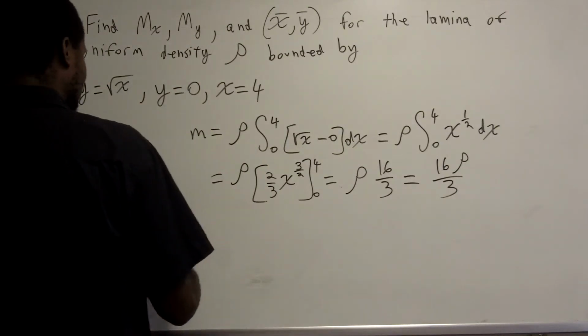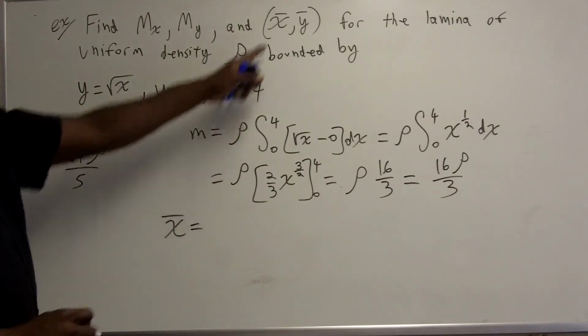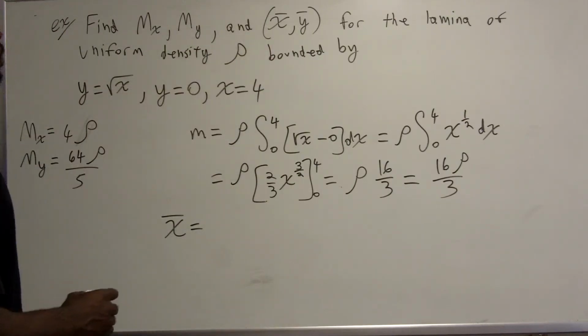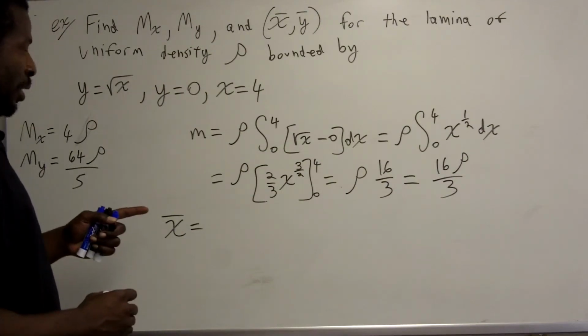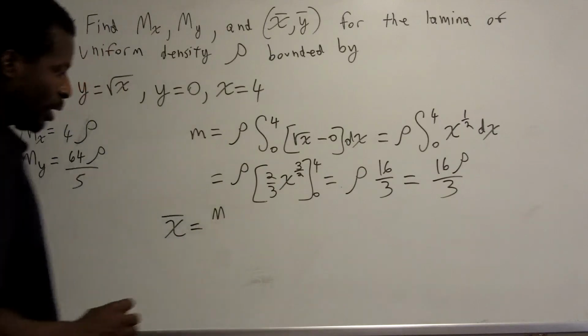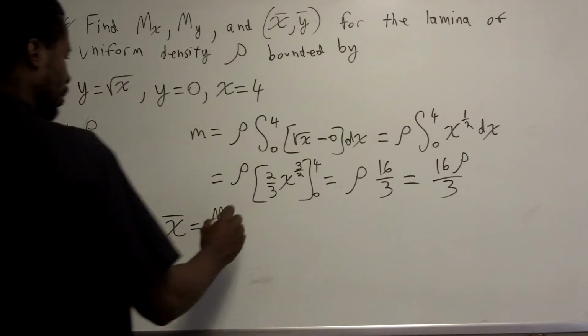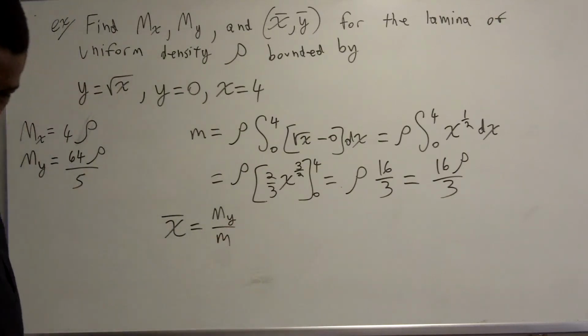So now I can find x bar, the center of mass in the x direction. So let's go ahead and find that. Well, the theorem said that x bar was equal to My over m. So My over m is equal to x bar.